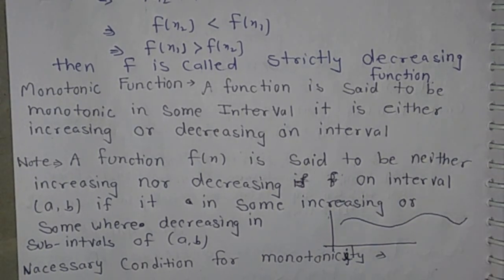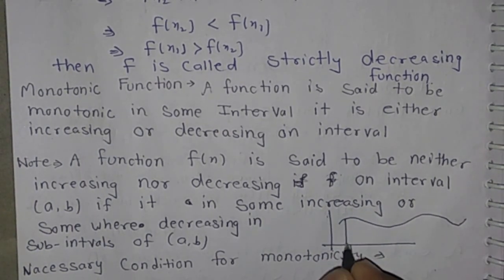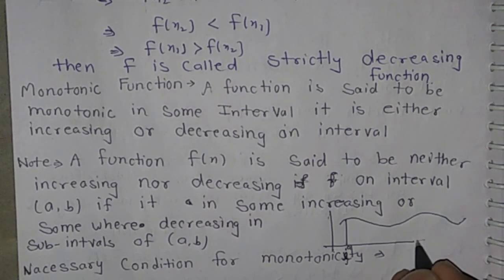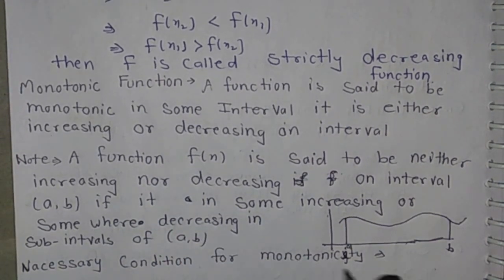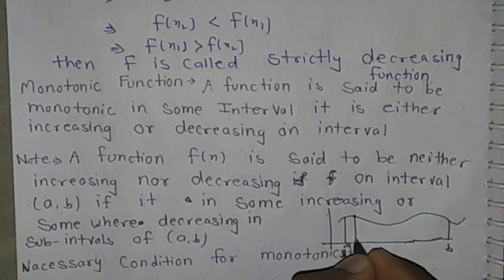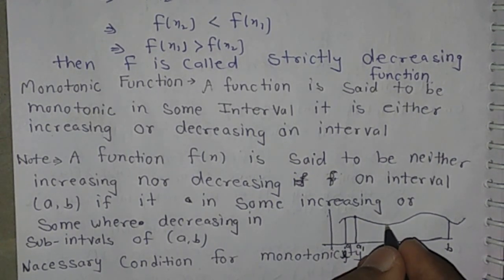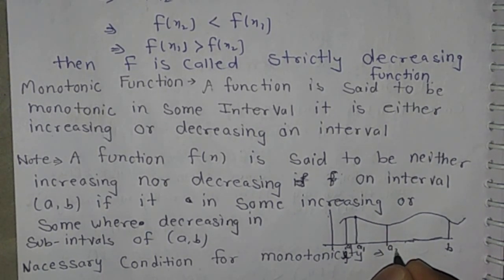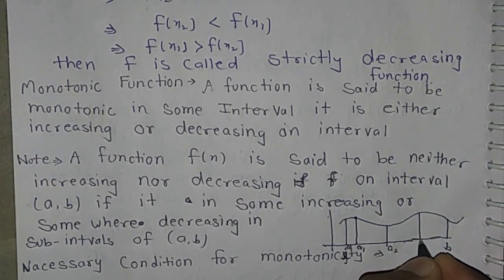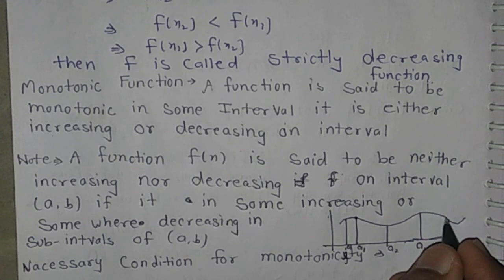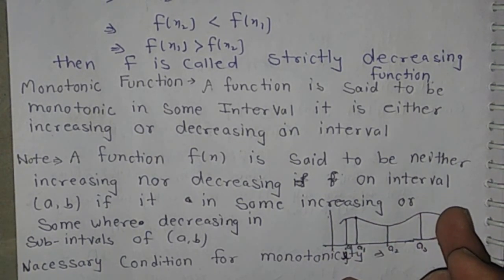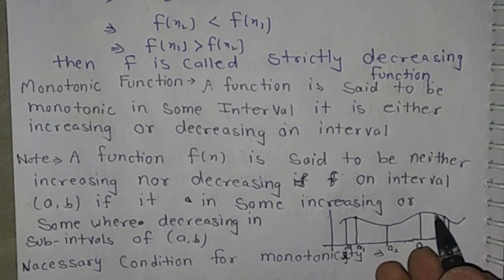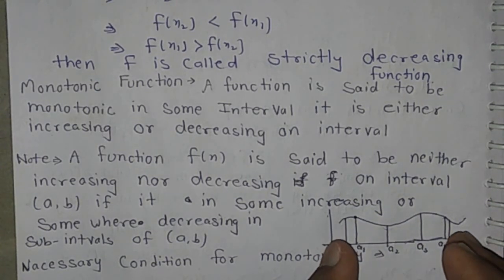it is a function defined on interval (a, b), then since it is increasing at this point a1 and decreasing at this point a2 and again increasing at this point a3, further decreasing at a4, then it is neither increasing nor decreasing in the whole interval (a, b).